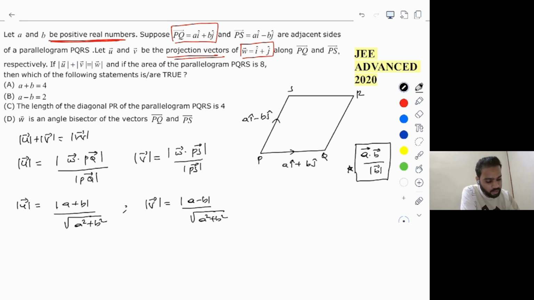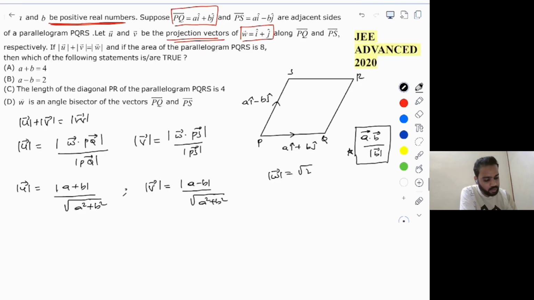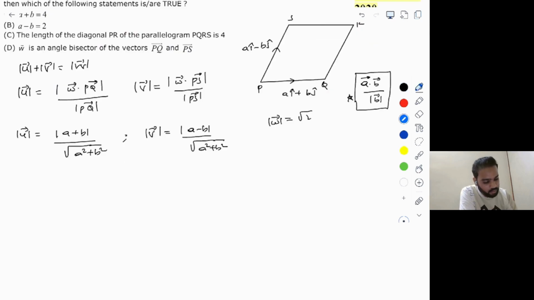Now moreover, we'll have to calculate modulus of W bar also. So modulus of W bar is equal to square root of 2 directly. You can see that in the question itself. And then let's put all these values back in the given equation. Okay, so let's do that.